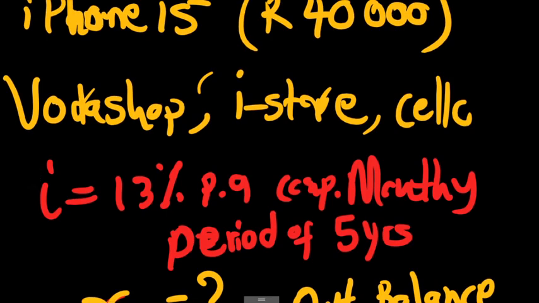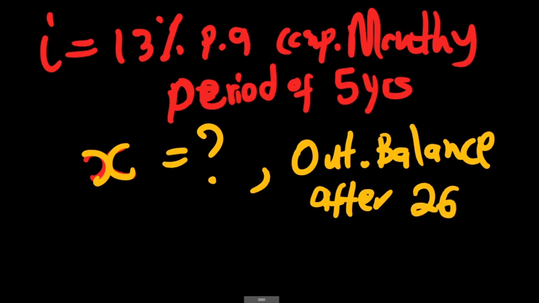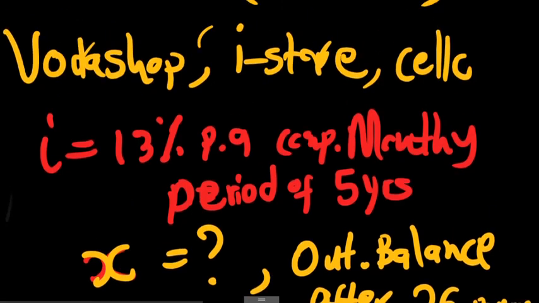If it's 5 years, that's 5 times 12. Determine the outstanding balance after 26 payments. Please do this question.